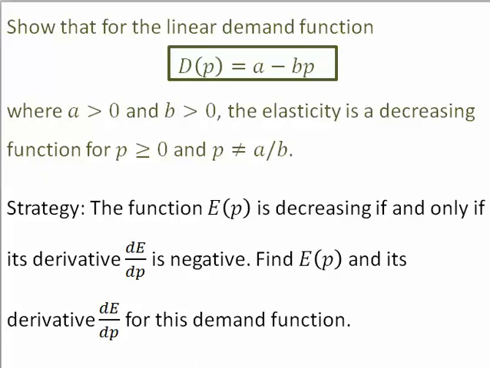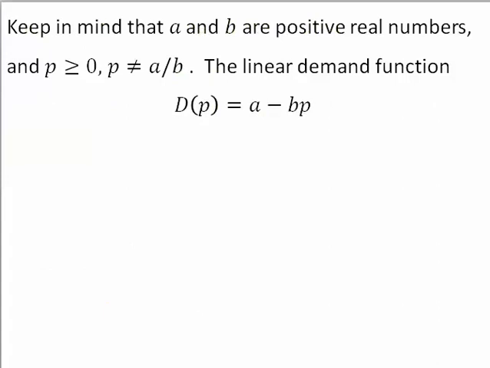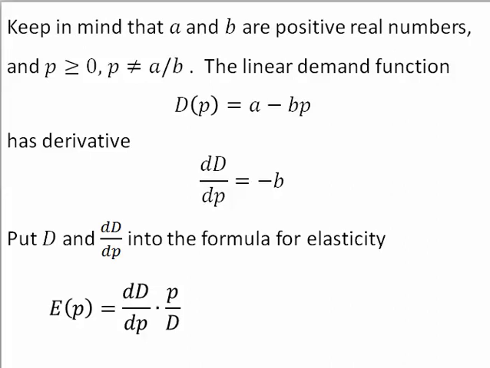We start off by finding the elasticity function. To find the elasticity function, as you know, we follow a particular definition. So what's the derivative of the demand function? After you find the derivative of the demand function, you use demand and its derivative to find elasticity.